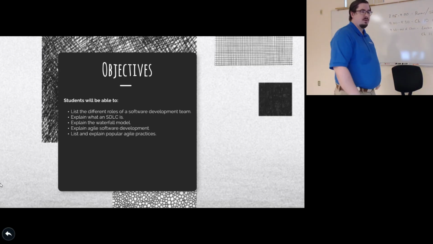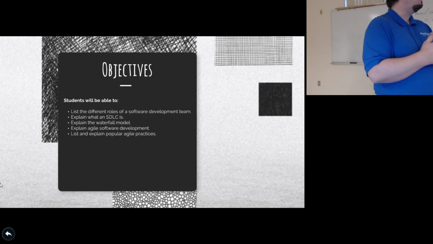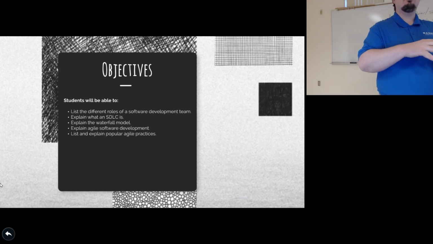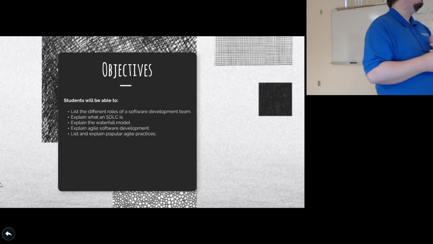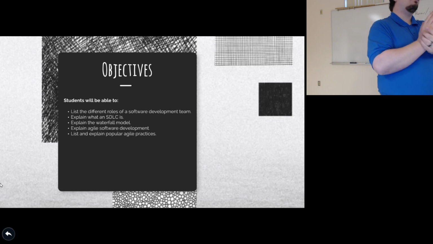Okay, so what we want to cover today, we're going to talk a little bit about the different roles that go into developing software, because there's a lot more than just writing the software. There's a lot more to that. And then we're going to talk a little bit about this term SDLC, which stands for Software Development Life Cycle.